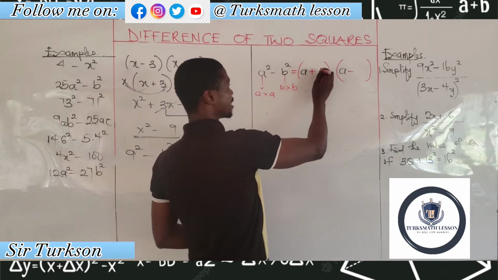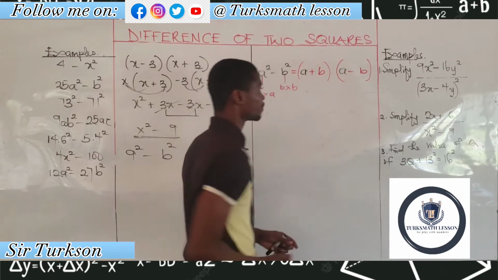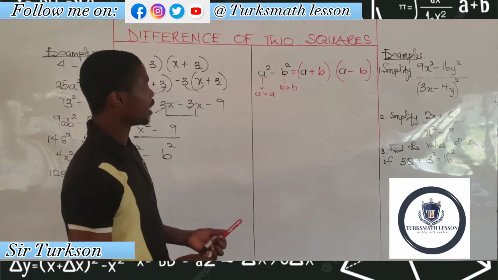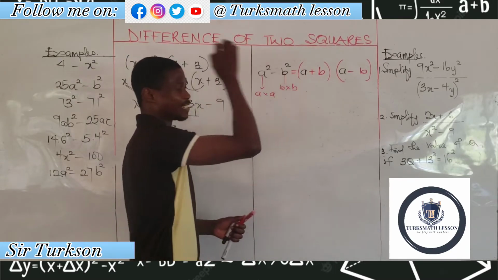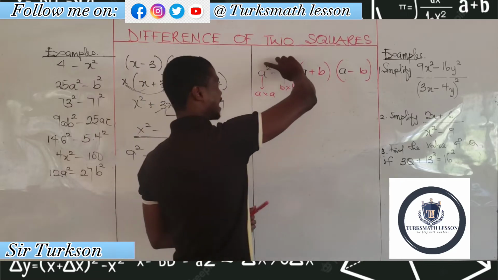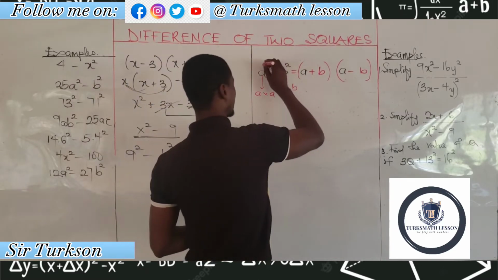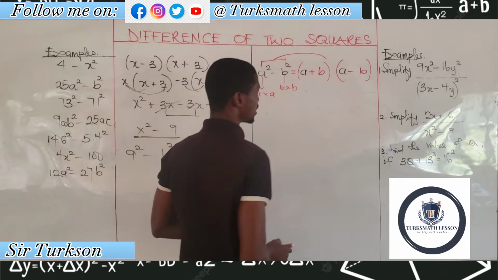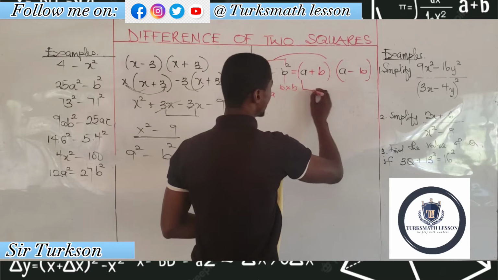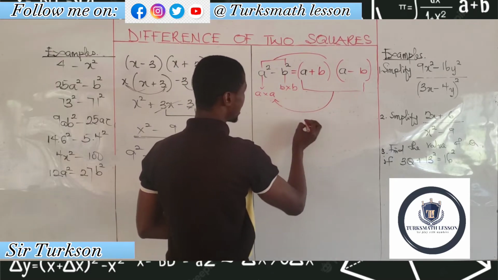Then here you put b, and you put the variable b. So it means that when I expand this, I'll get this one back, and when I factorize this, I'll get this one. When you factorize this expression, you are going to have this, and when you expand this expression, you are going to have this. Are we together? Yes.